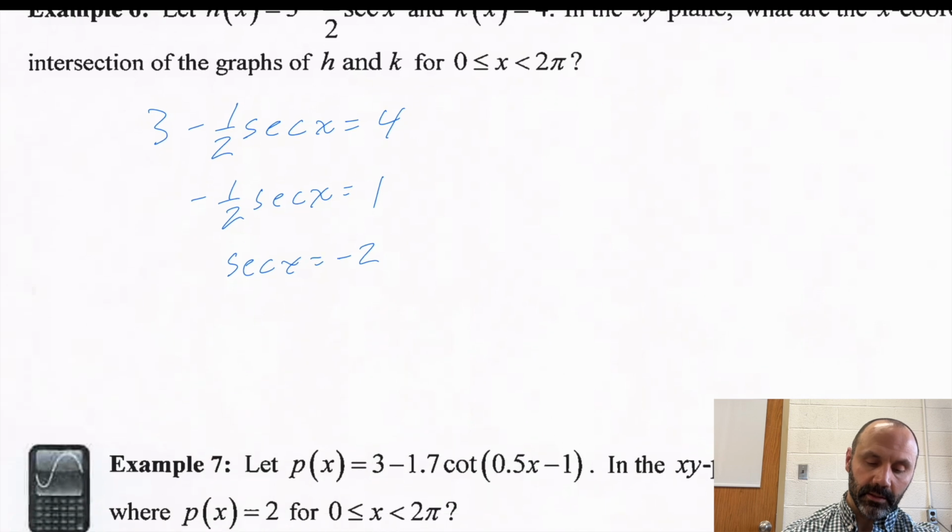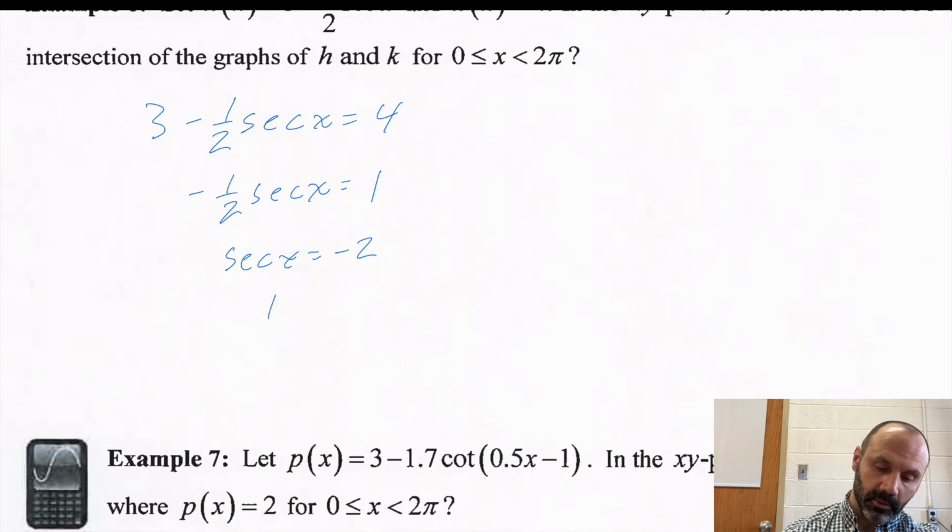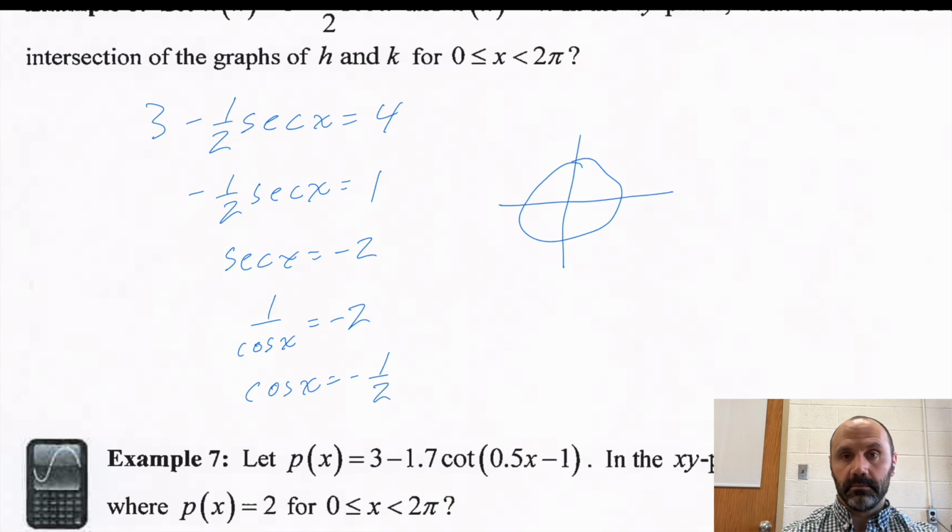Okay. Secant is 1 over cosine. So I'm looking for the place where 1 over cosine of x equals negative 2. And so I'm looking for the place where cosine of x is negative 1/2. On my unit circle, x is the horizontal coordinate. And I'm looking for the places where it's negative. So that would be here and here, these two places.